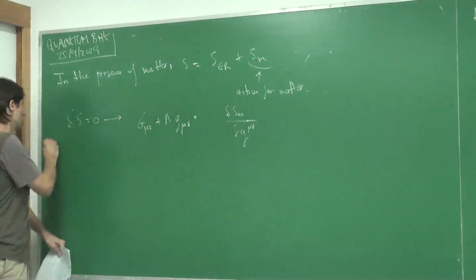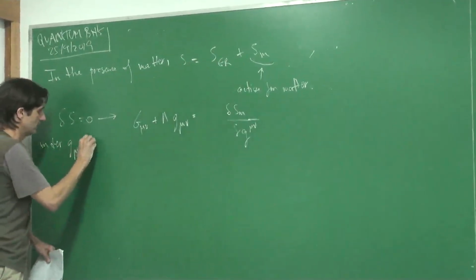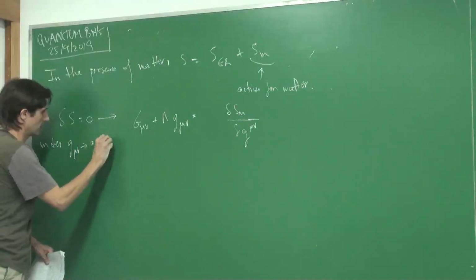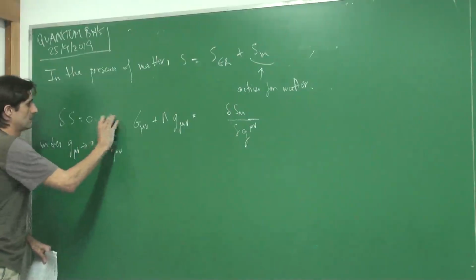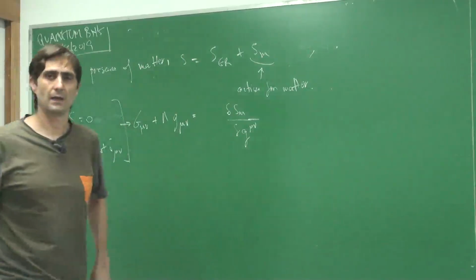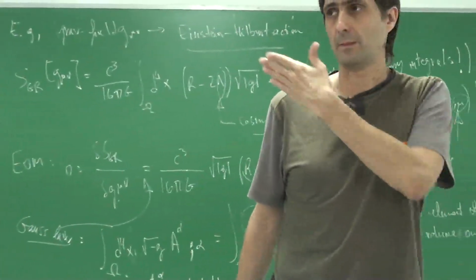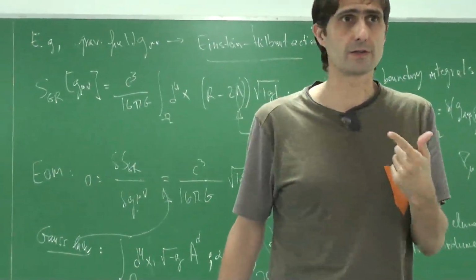This is under a variation of g mu nu. In here we're only varying g mu nu. If you vary the non-gravitational field, you get what we did earlier on for the scalar field, for example.